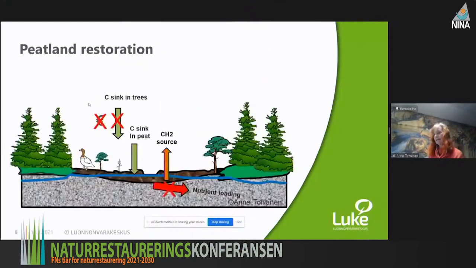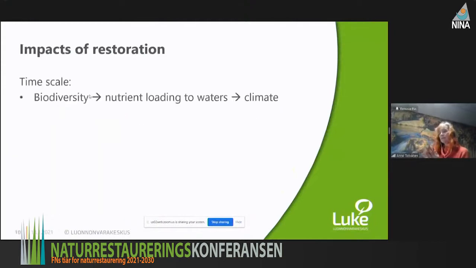So, as I said, restoration is a potential way to utilize these low productive peatlands. But the impacts of restoration on peatlands are not as easy to think. They are not always beneficial to all of the variables we are looking at.